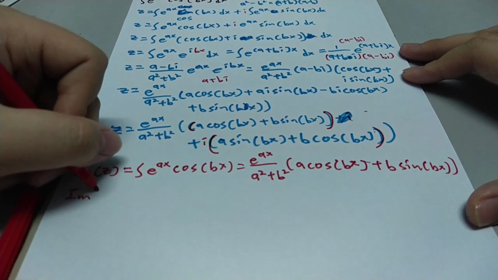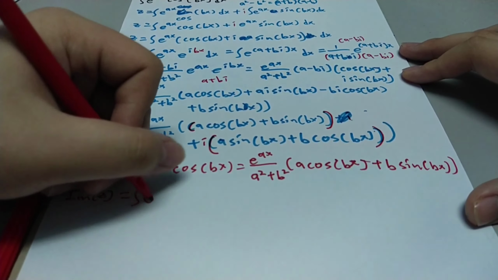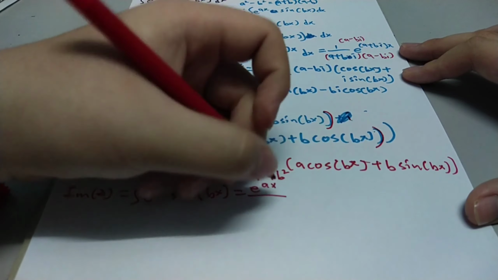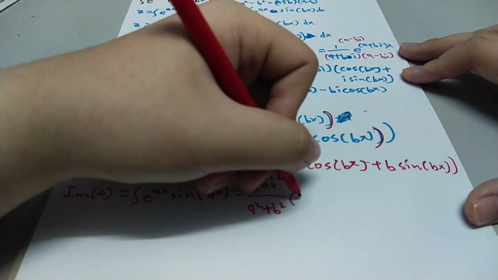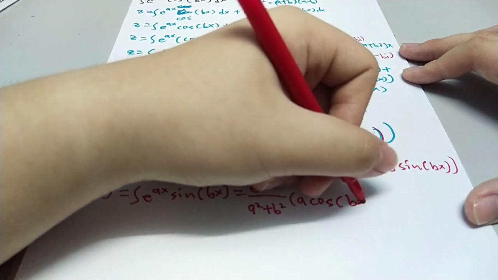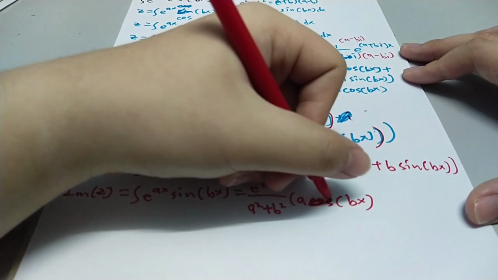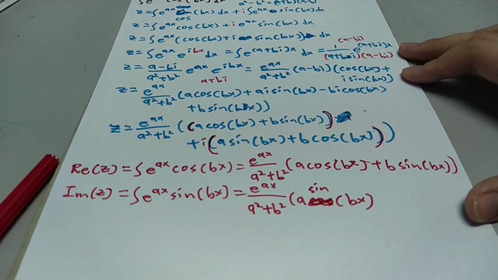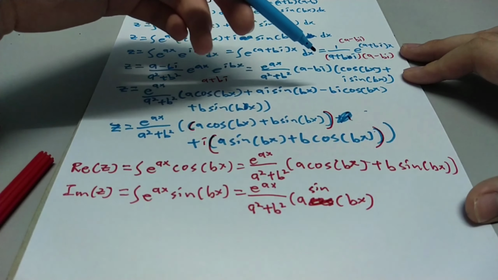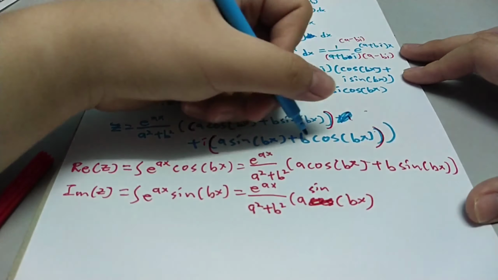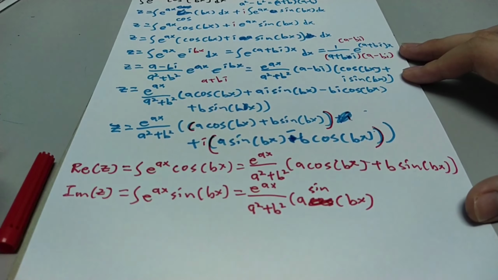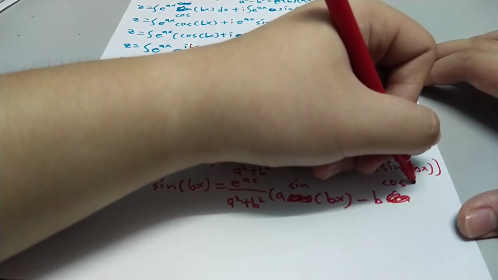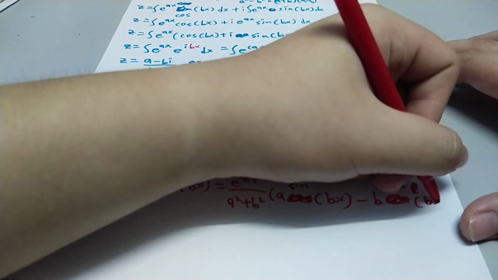And the imaginary part of z is equal to the integral of e power of ax times sine of bx, which is equal to e power of ax over a squared plus b squared times a times sine of bx, and then minus b times cosine of bx.